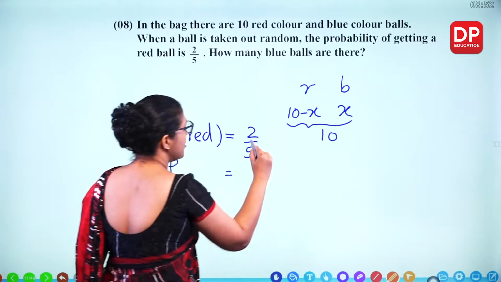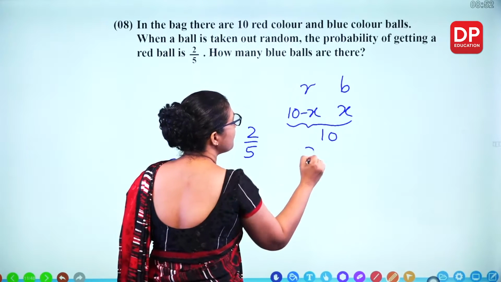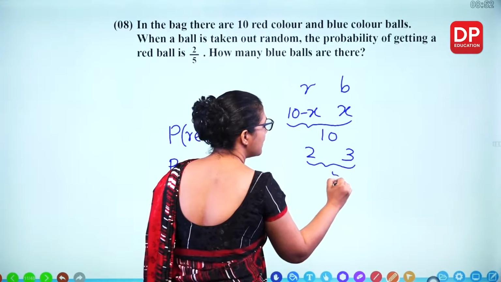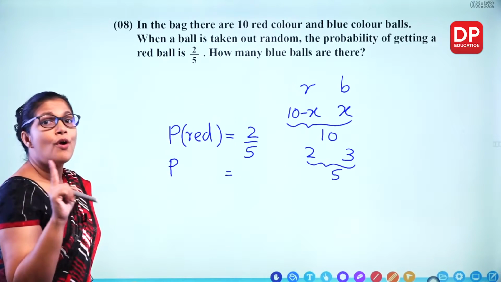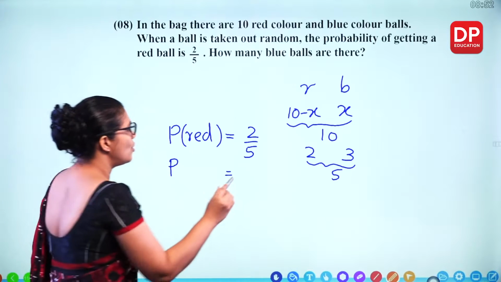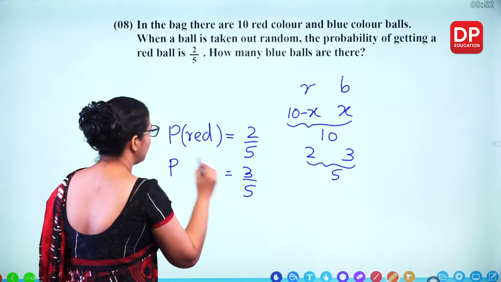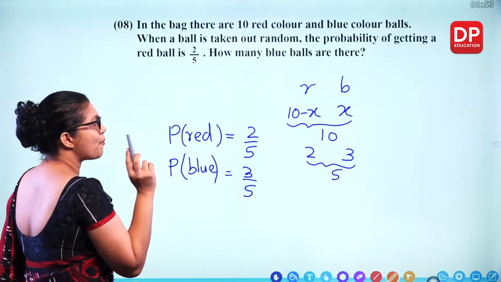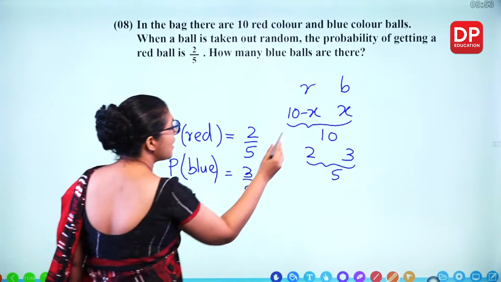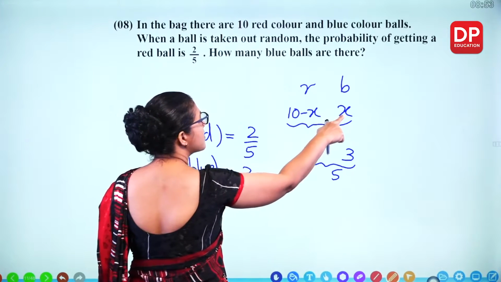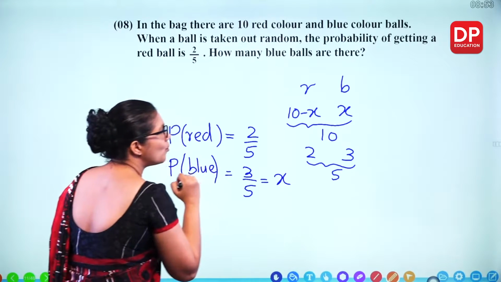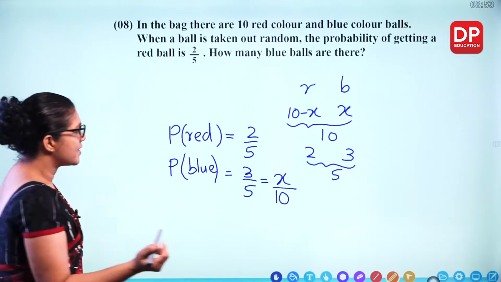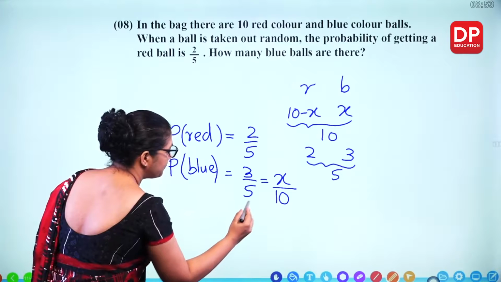Because if this is 2, this is 3, because the total is 5. Then you know what's the probability of getting blue? That's 3/5. You can write 3/5 for probability of getting blue. That's equal to x, the number of blue ones out of 10. Using this one, you can find out x. Cross multiply.